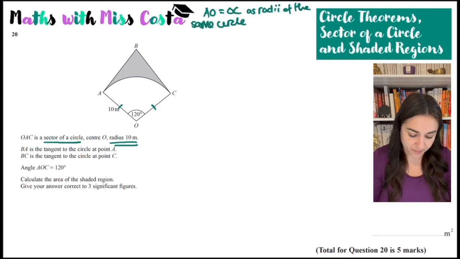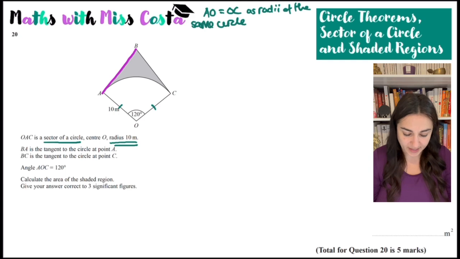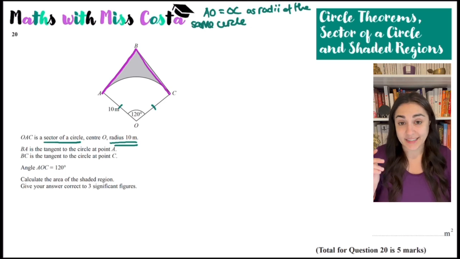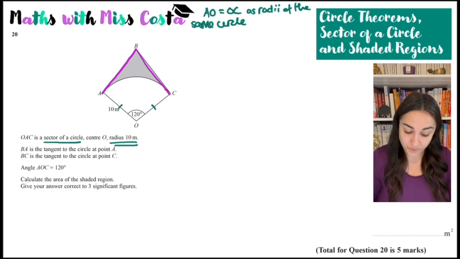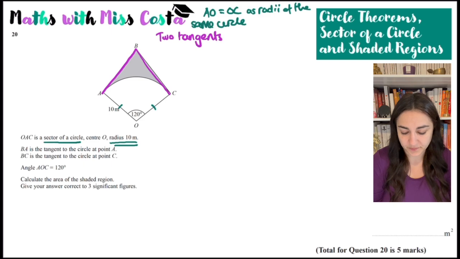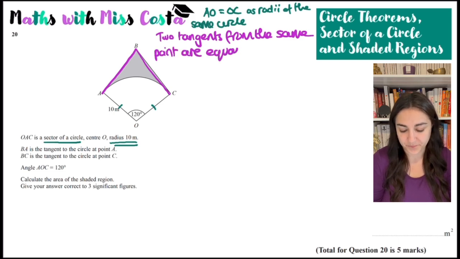Now, I'm then told that BA is a tangent to the circle at point A, and BC is a tangent to the circle at point C. And using circle theorems, what do I know about 2 tangents starting from the same point? So 2 tangents from the same point are equal in length.